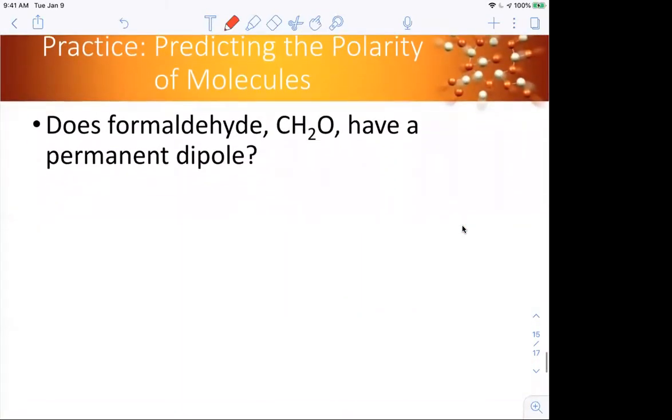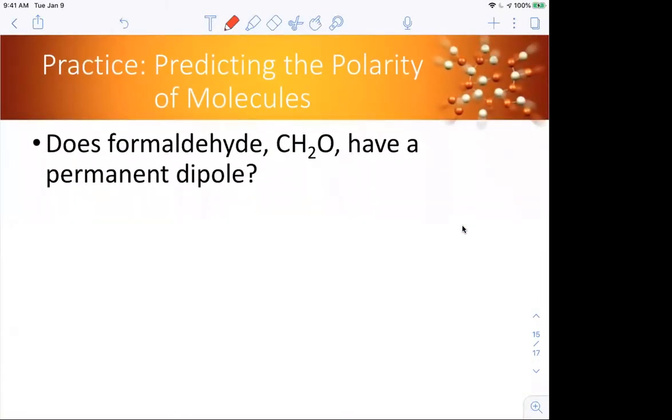So let's look at formaldehyde, right? We've looked at this in Lewis structures before. What I get is this, right? So when I look at this, my electron geometry has 3 charge clouds as trigonal planar.